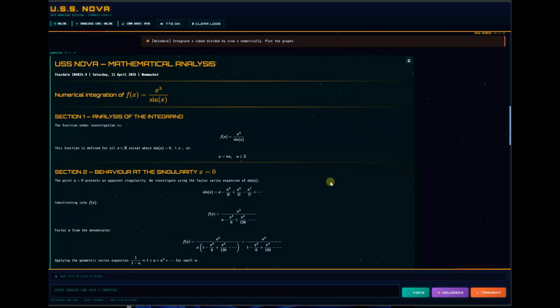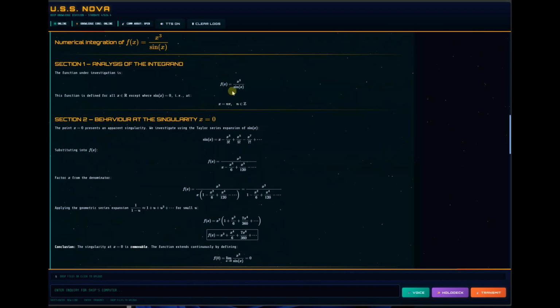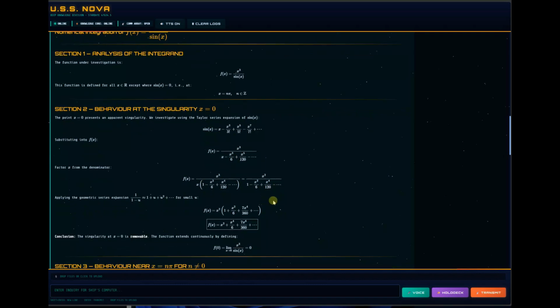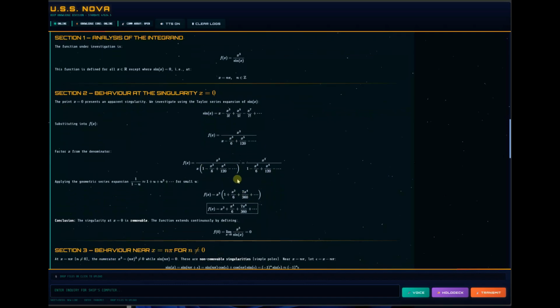So it's going to expand sine x in a power series, Maclaurin series. That's quite interesting. And one of the x's cancels, and then they're using like the 1 over 1 minus u here, and so you get a power series expansion.